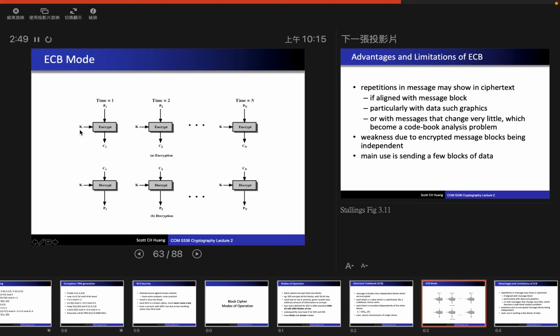Well, if your data is not too big, and if your encryption algorithm is reasonably secure, so if you have a few blocks, let's say 20, 30 blocks, that should be fine. This is called the ECB mode, electronic code book.